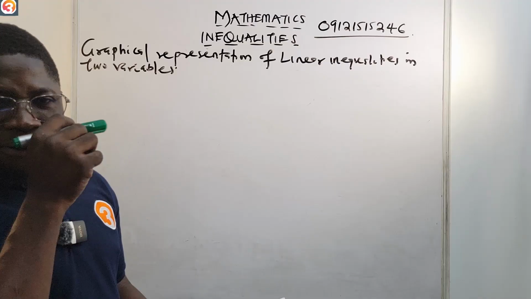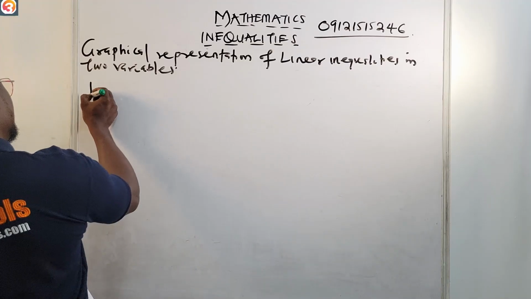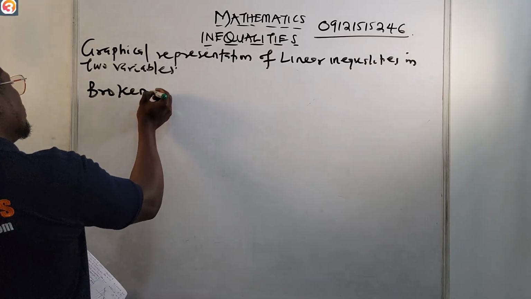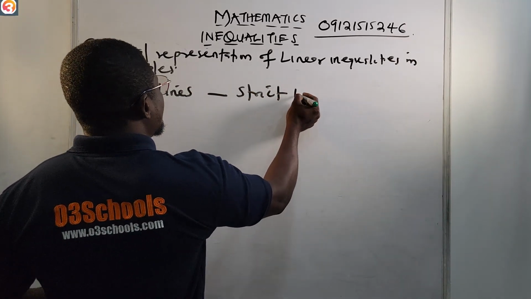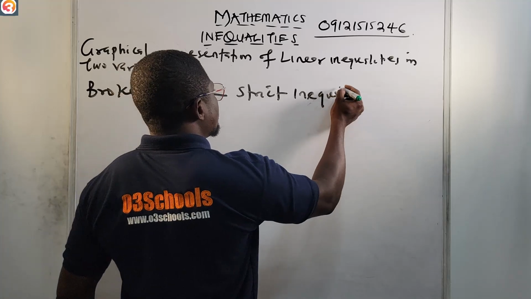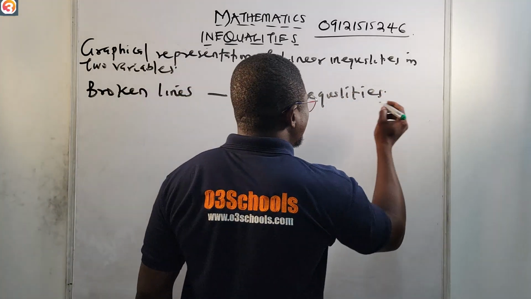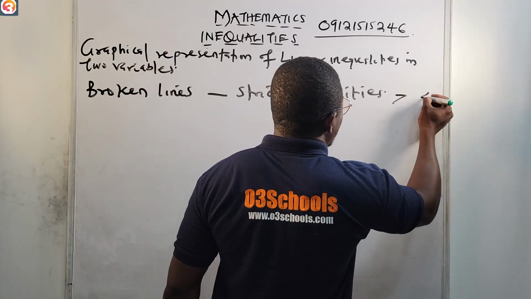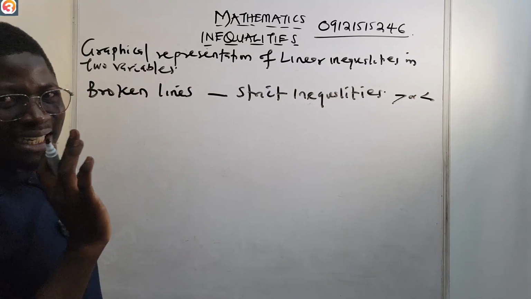Here, when it comes to graphs, what we basically do is use broken lines to represent strict inequalities. So if the inequality is either greater than or less than, we use broken lines to represent the inequality.